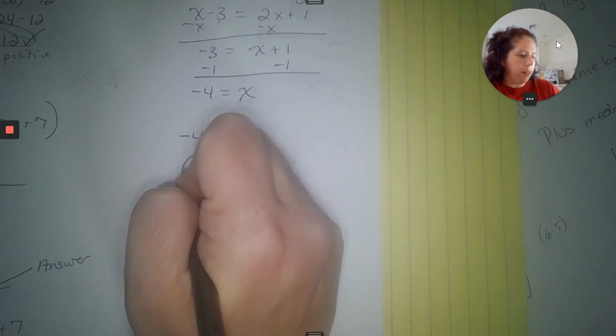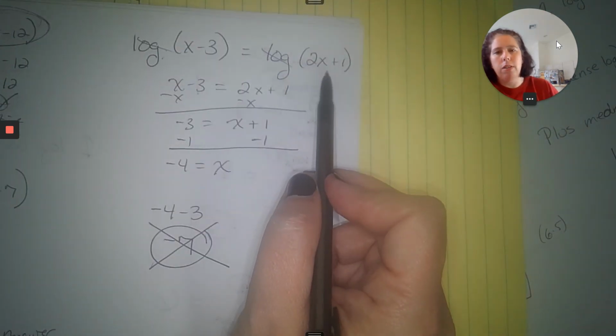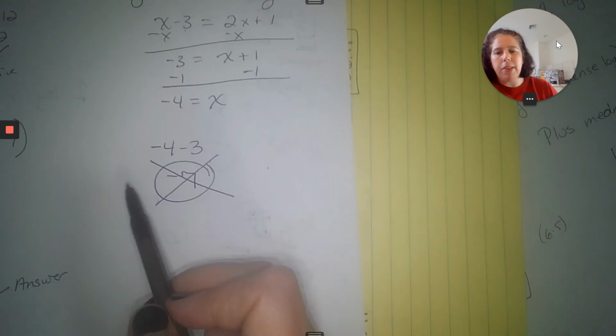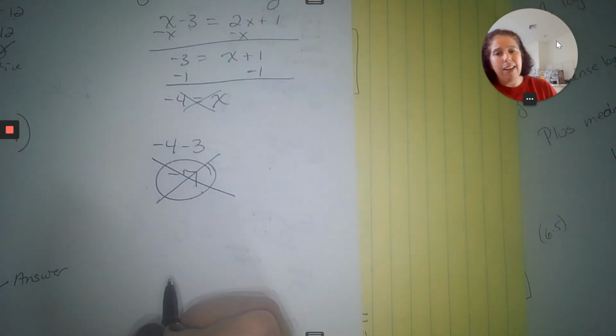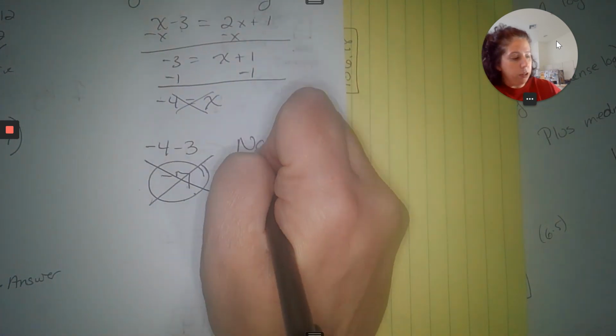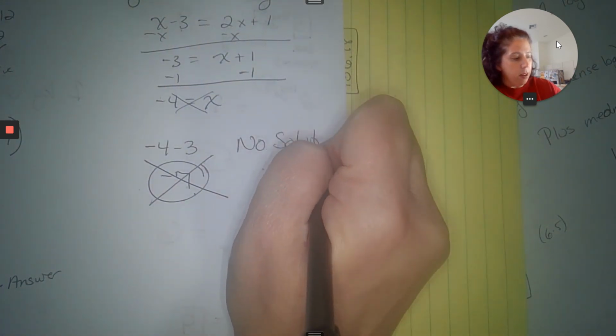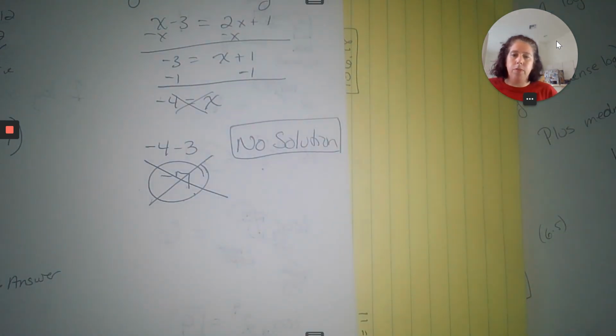Right there, it doesn't work. It doesn't even matter what this one is, okay? But this is a negative answer, so this is not going to work. So that's not the answer. So what do we write when it's not the answer? Hopefully you said no solution, okay? So again, you need to plug it back in and see if you get a negative.